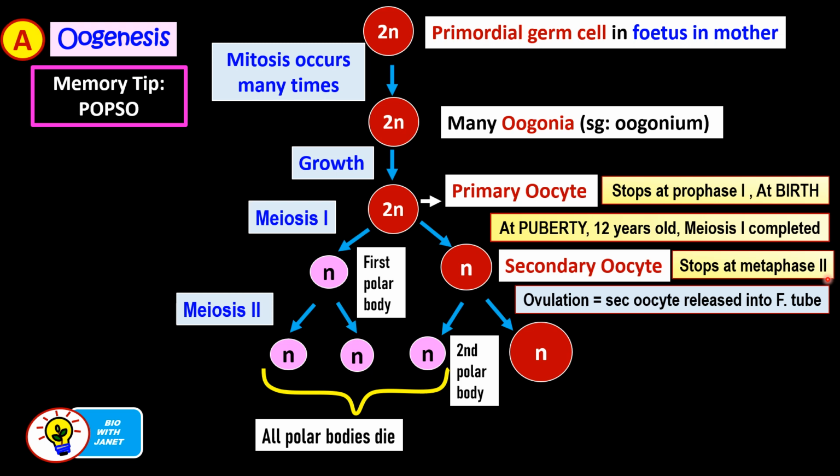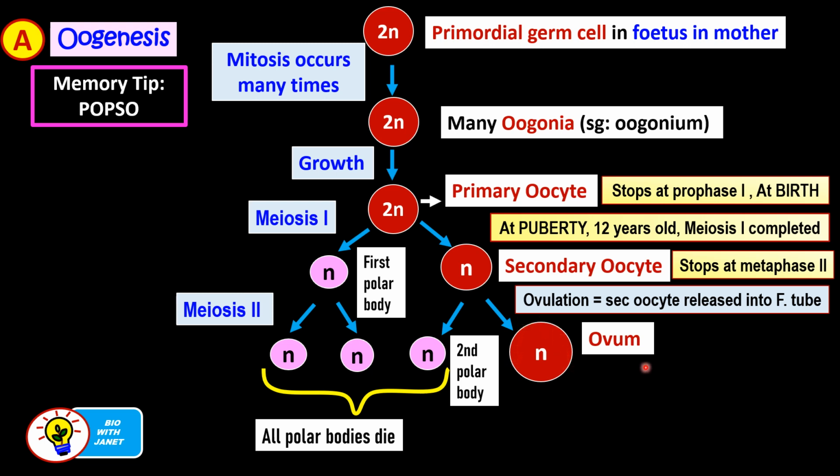Now, if it meets a sperm that penetrates it, then meiosis 2 will be completed, whereby the secondary oocyte will go through meiosis 2. That means you carry on from metaphase 2 to anaphase 2 and telophase 2, and then the cell will divide into two to form one smaller polar body that's non-functional and a bigger cell called the ovum.